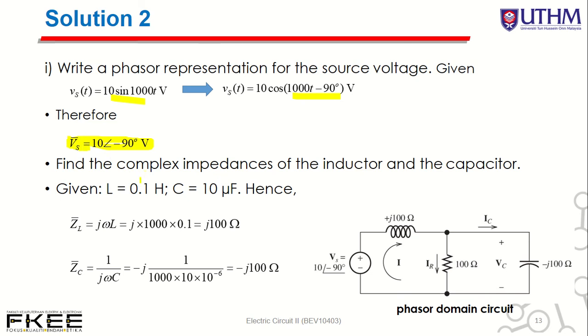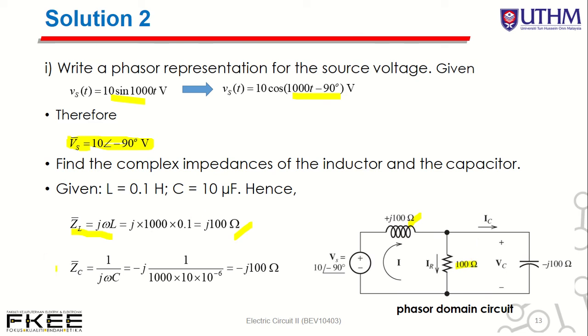After that, you can determine the impedance for each element. ZL equals jωL. Make sure you draw the circuit: Vs, ZL, and R equals R, angle 0.